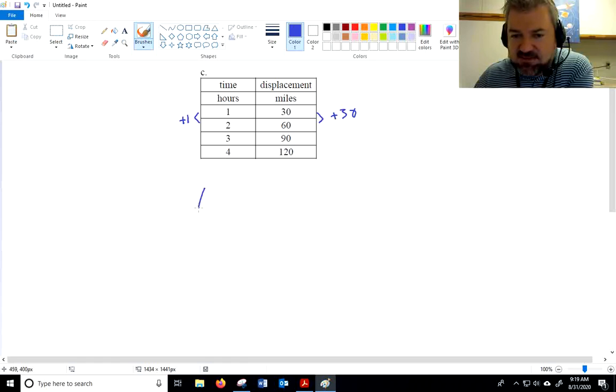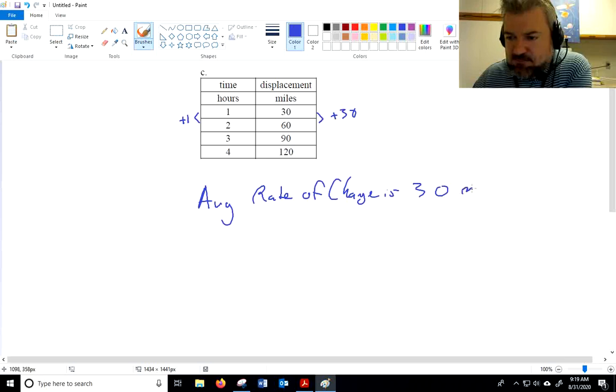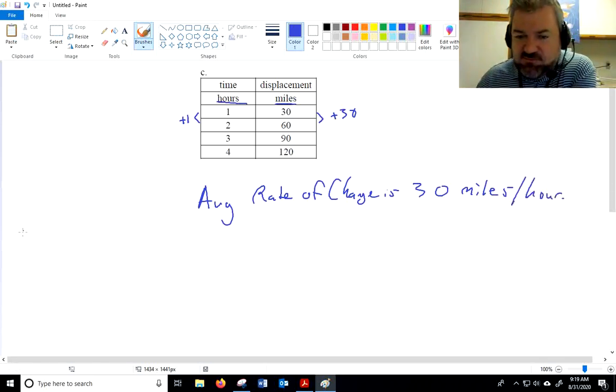So I'm going to say that the average rate of change is 30, and we put the y unit over the x unit. Very important. Miles per hour. So that's what you call your velocity.